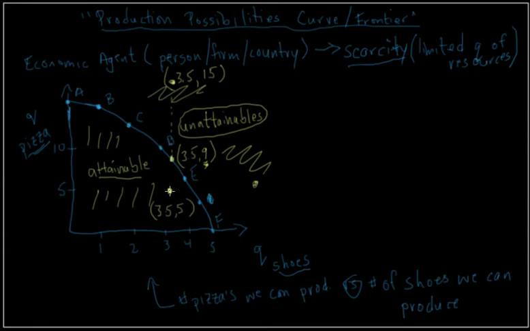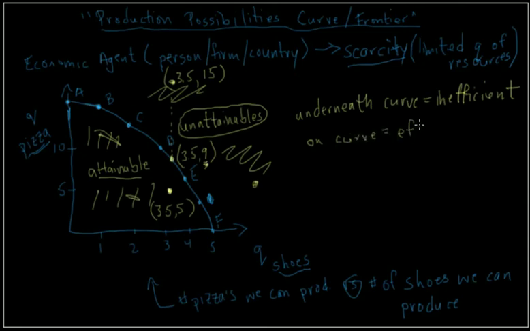So what this is telling us is that all of these options underneath the curve are an inefficient use of resources. Everything on the curve is an efficient allocation of resources, and everything outside the curve out here is unattainable.